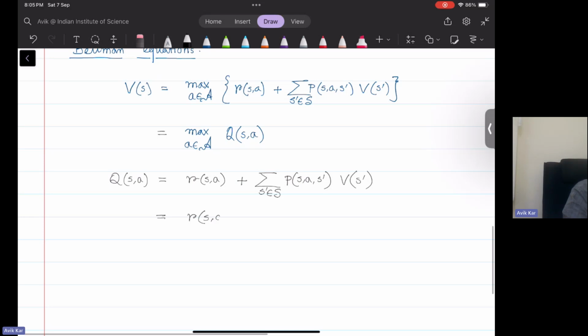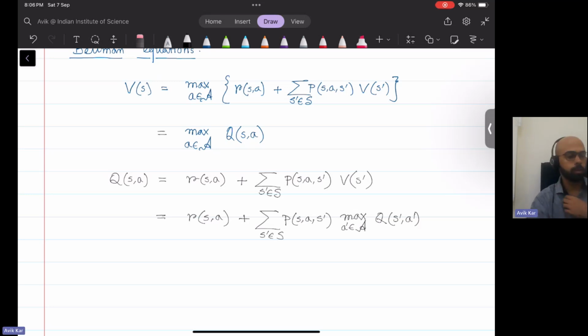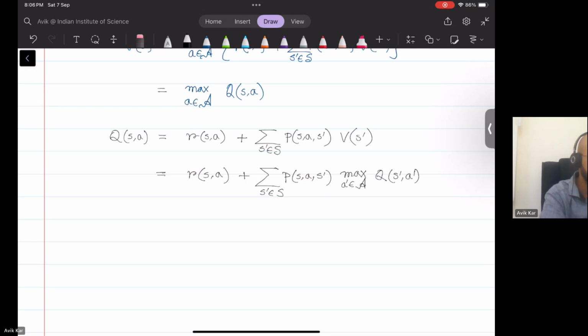So V of s' is max over a of Q. This time we cannot write a here, so we write max over a prime. So this one is the Bellman equation in terms of the Q function.